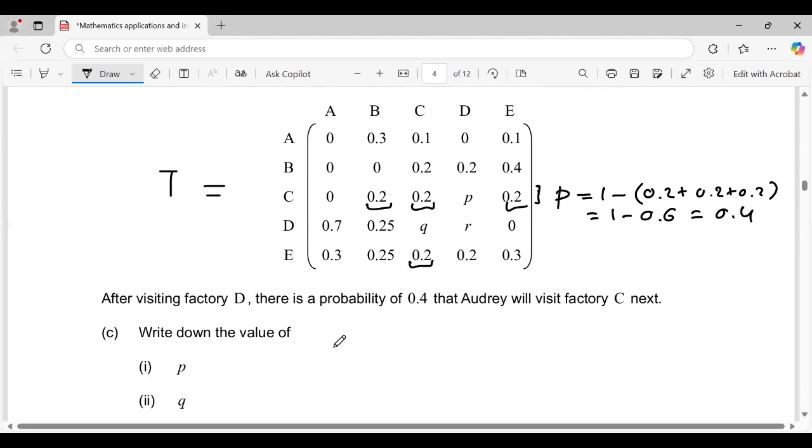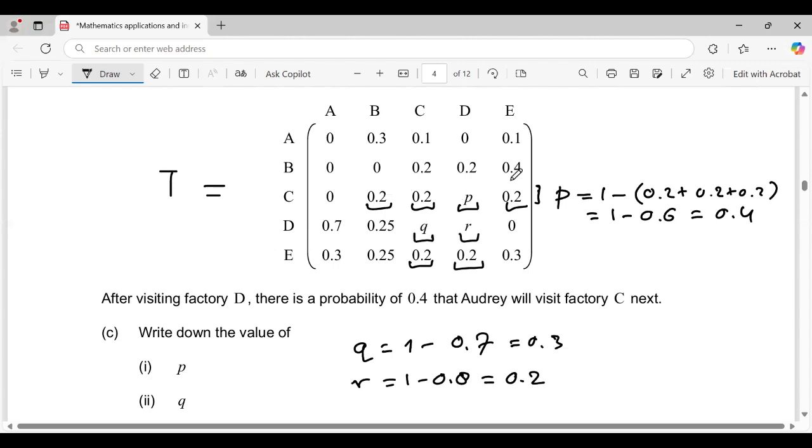Q equals 1 minus 0.7 equals 0.3. And after that, R, this is 0.4. So R equals 1 minus (0.2 plus 0.4 plus 0.2) equals 1 minus 0.8. It is 0.2. So this is 0.2, this is 0.3, and this is 0.4.